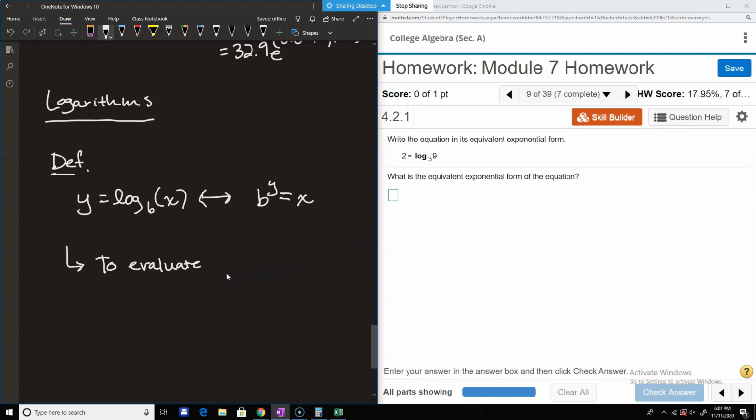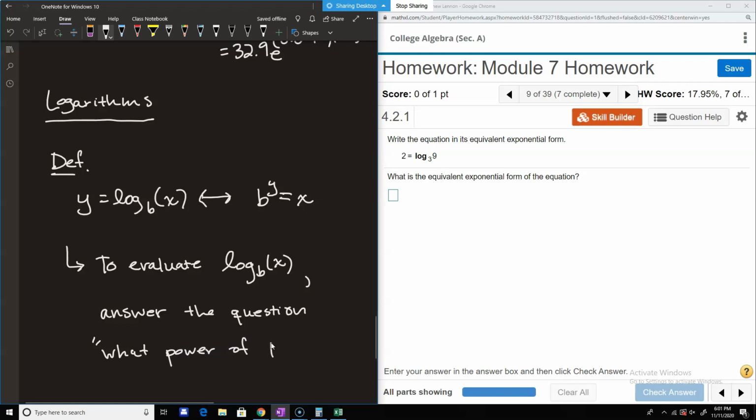So to evaluate, if you have the log base b of x, and b and x are both regular numbers that you can see, what you want to do is answer the question: what power of b makes x?